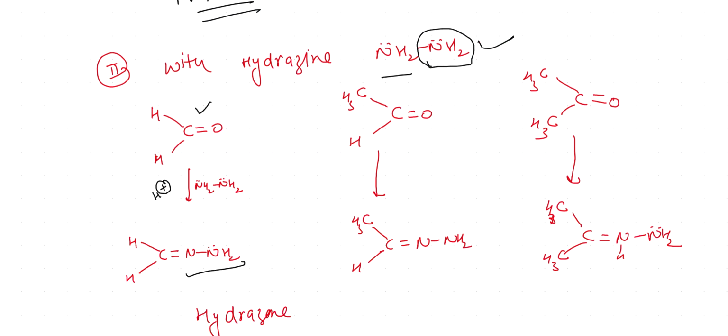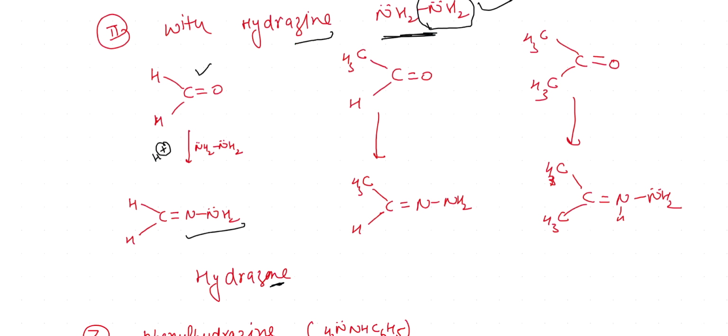Now, the reactant is hydrazine, but the product you will get is hydrazone. So all of the products formed using this reactant, hydrazine, will be known as hydrazone, but their prefix will be different, as the first case is methanal. So you will write here methanal hydrazone, and here ethanal hydrazone, because in this you are using ethanal as a reactant.